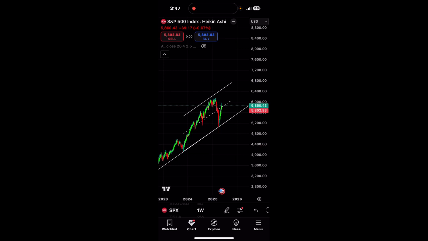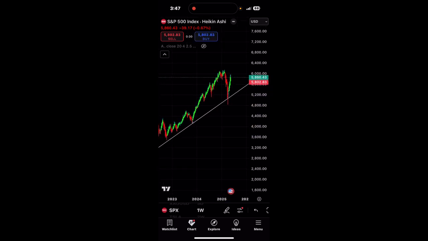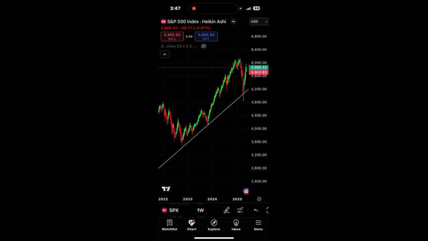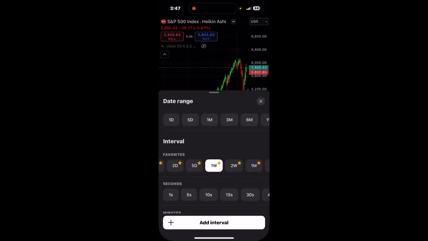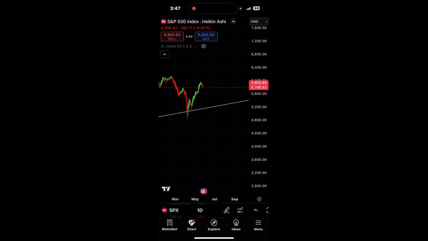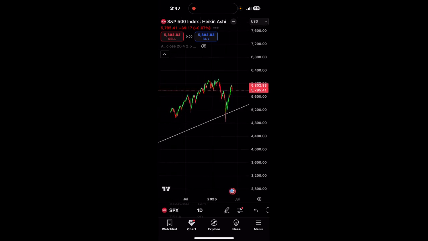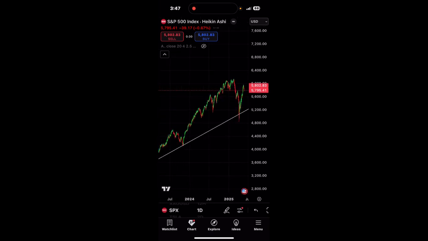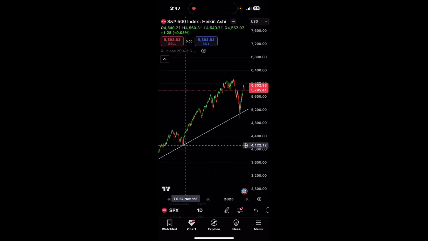Now this is on the weekly, so what I want to do here is we got our trend line for the weekly. Let's real quickly look at the daily. And now, since we have it on the daily here, we could see times to get in right here, right here.